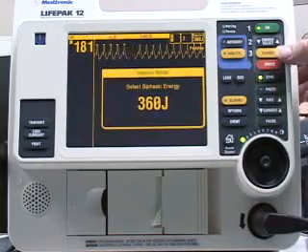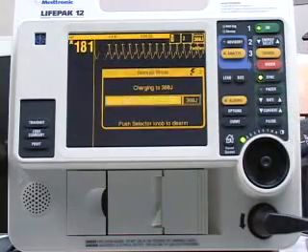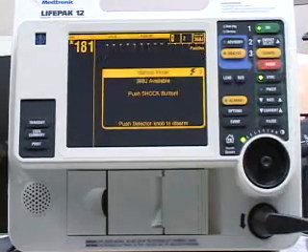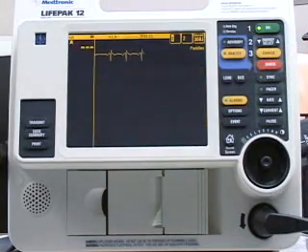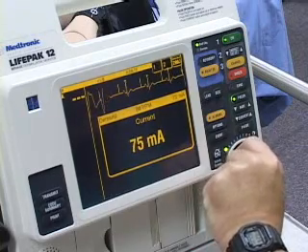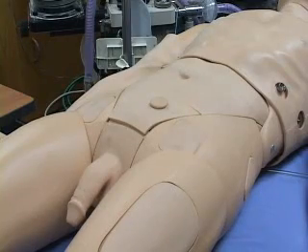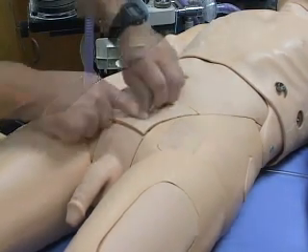SimMan is capable of accepting a 360 joule defibrillation and can automatically change EKG rhythm in response. Over 2,500 EKG rhythms are available. SimMan can also be paced externally. SimMan can be configured with male or female external genitalia and can be catheterized with the return of liquid stored in a bladder.